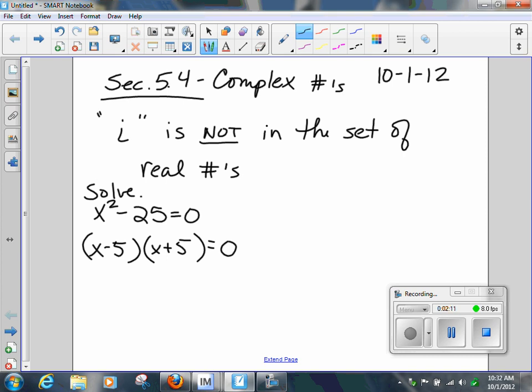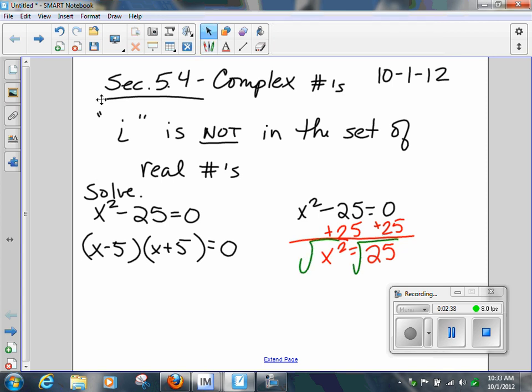You guys remember that? You could also solve this another way. How could you solve that? Add 25 to both sides, which gives you x squared is equal to 25. And then, folks, how do you undo a square? You take the square root of it. So another way to do this problem is to take the square root.